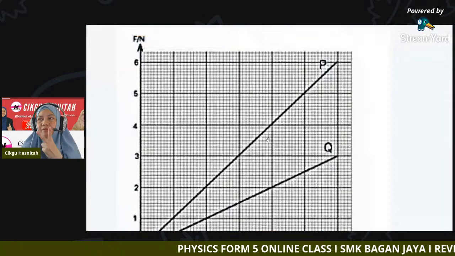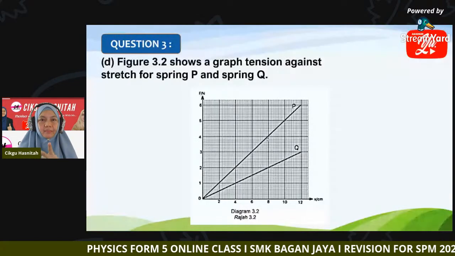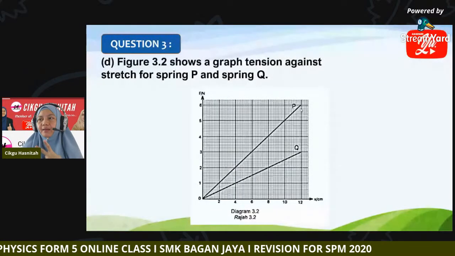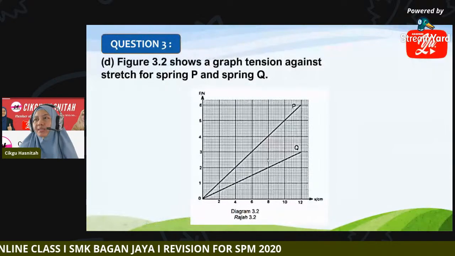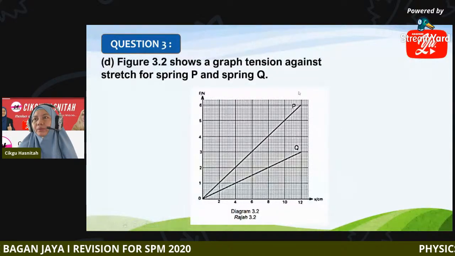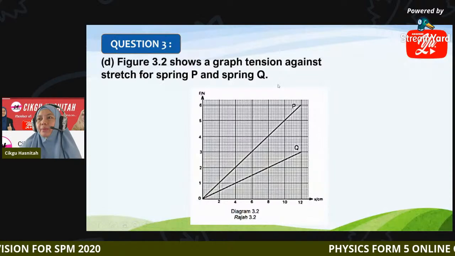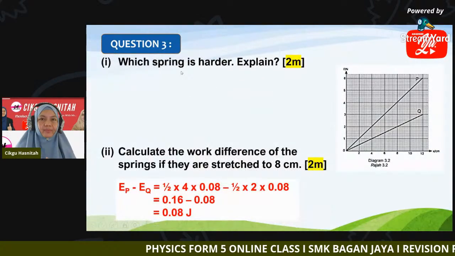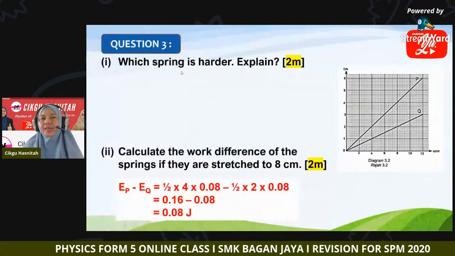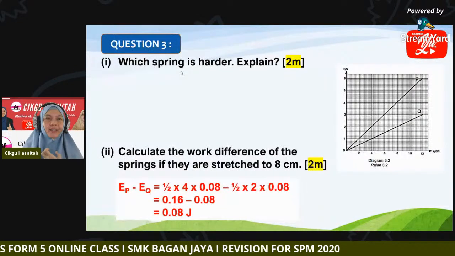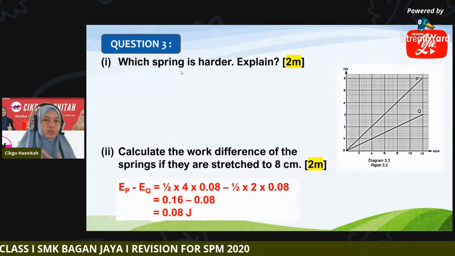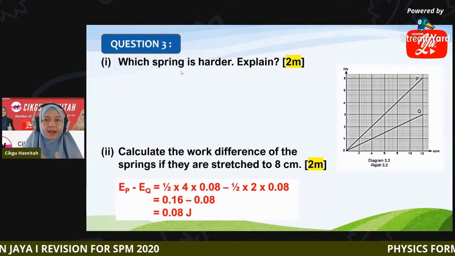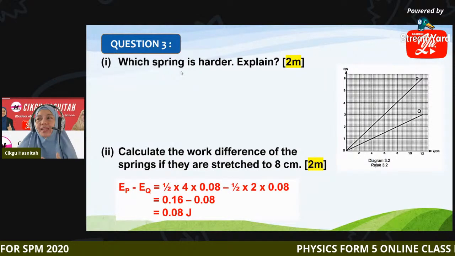So we have two types of spring here, P and Q. What is the question that follows? Number one, which spring is harder, P or Q? Harder means stiffer. So which one, P or Q?